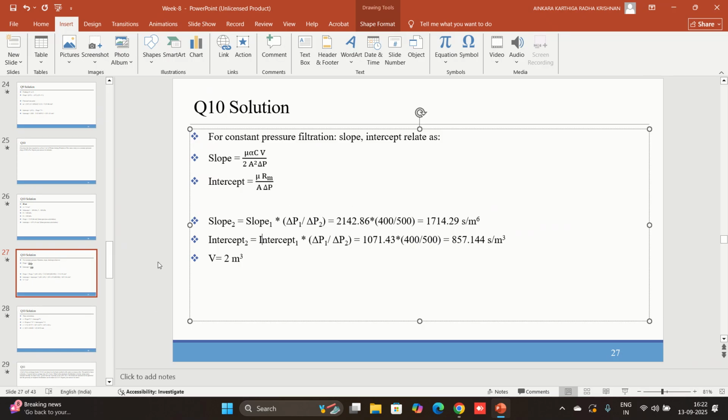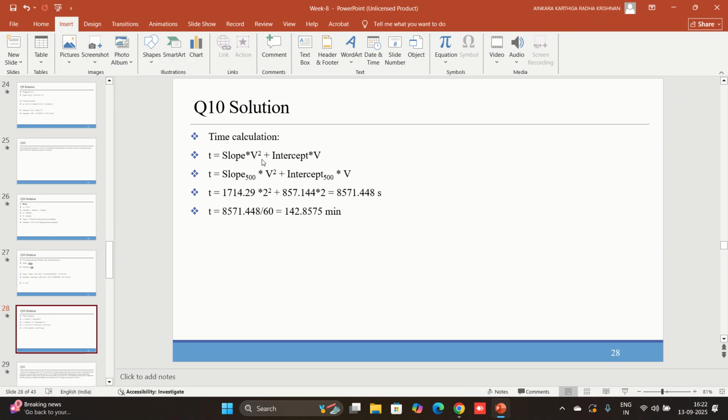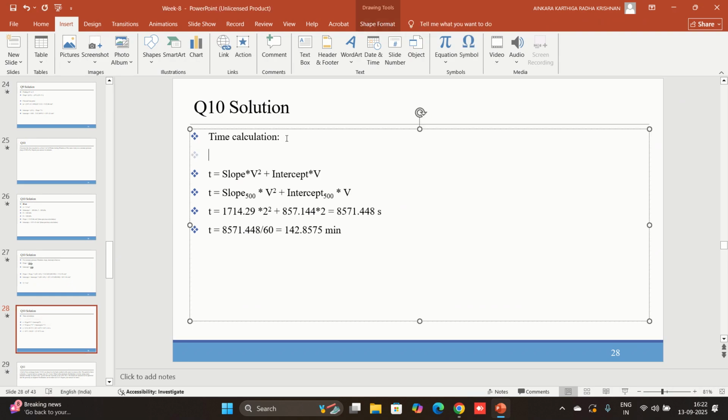Now we have to find the time required for collecting the filtrate volume of 2 meter cube. So how to calculate? T by v is equal to slope into v plus intercept. So from that, t is equal to slope into v square plus intercept into v.